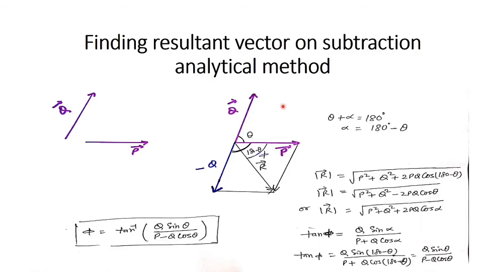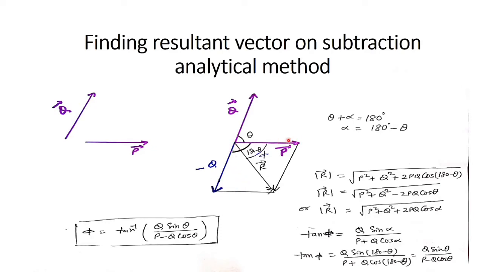So let me continue. We want to find the resultant vector on the subtraction of two vectors. Like we did for the addition of two vectors, we have taken the names p and q vectors. Any names can be taken, as I have said. Now if I want to find the resultant for p minus q vector, then I have to take the negative of this q vector. So this is p vector, this is negative of q vector.